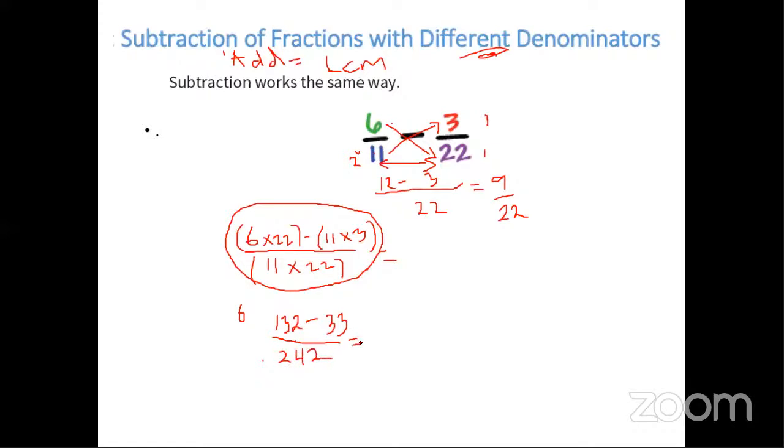So let's subtract: 132 minus 33 is 99. 99 out of 242. So we reduce it down.